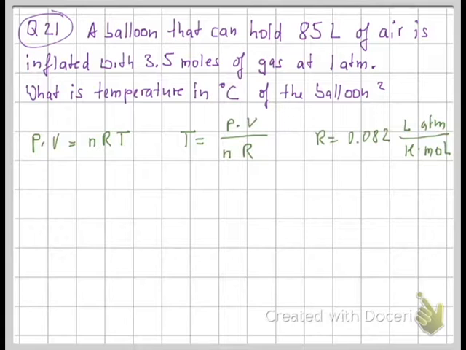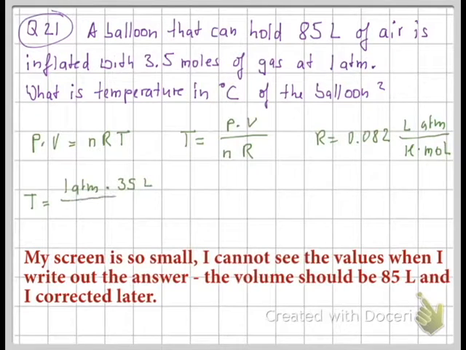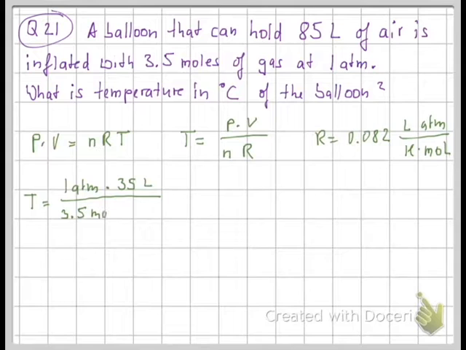And 85 liters. So plug in T equals 1 atmosphere is the pressure. We have volume was 35 liters, 35 liters divided by 3.5 moles divided by R. So R is times 0.082.